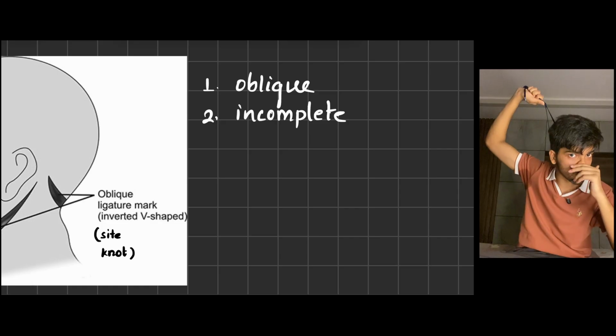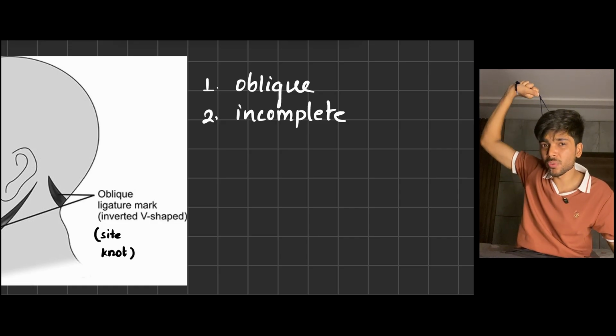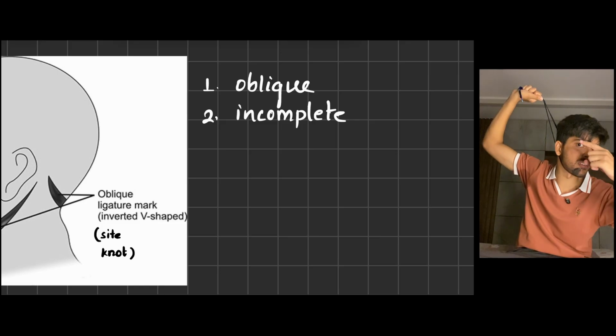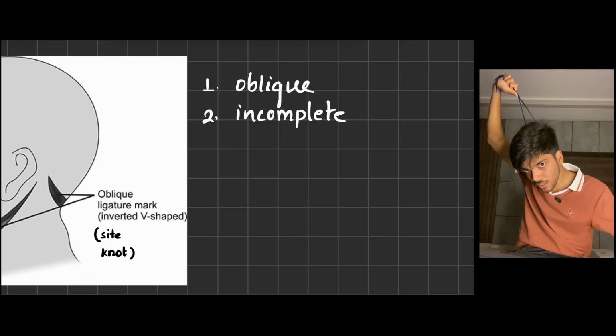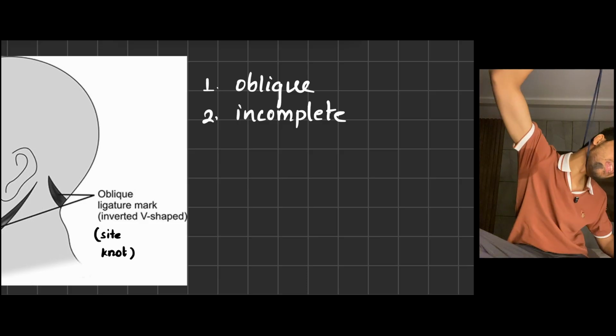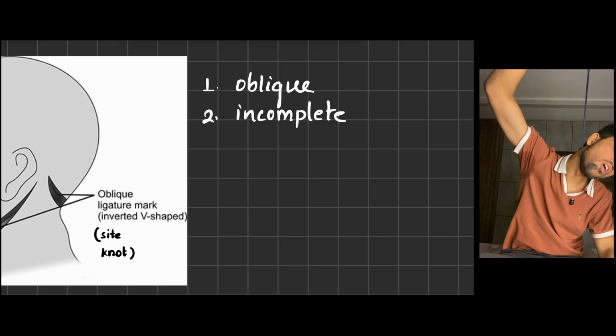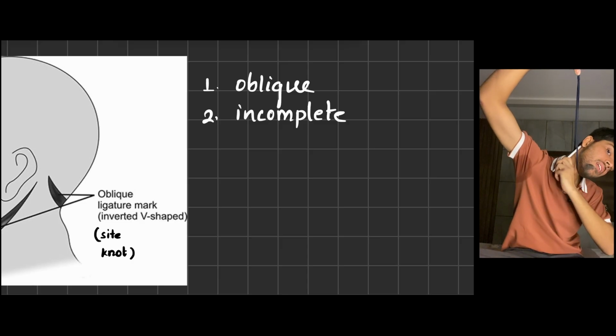Fixed knot with a fixed noose because it is easier to make. People don't know how to make a slip knot with a running noose, right? They know how to make a fixed knot with a fixed noose. As a result, when they hang, they hang like this. So as they hang like this, they get an oblique and incomplete ligature mark.